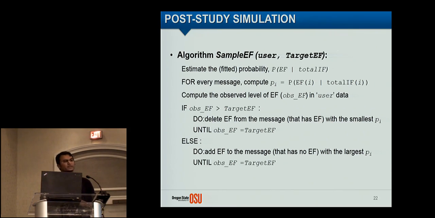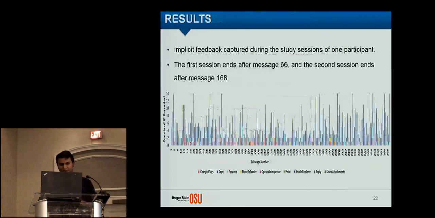We decide based on the probability distribution, the probability of explicit feedback given total implicit feedback. Notice that it goes back to that survival curve. Our survival curve showed us that the more time the user spends on a message, the more likely he is to correct the tags if there is any mistake. That's why we use this probability distribution to decide which messages we add explicit feedback on. Similarly, if we have to discard explicit feedback from some messages, we use the same distribution in reverse. This gives us the liberty to set different values for target EF to simulate different kinds of users.